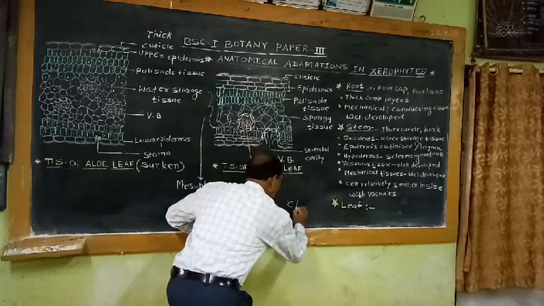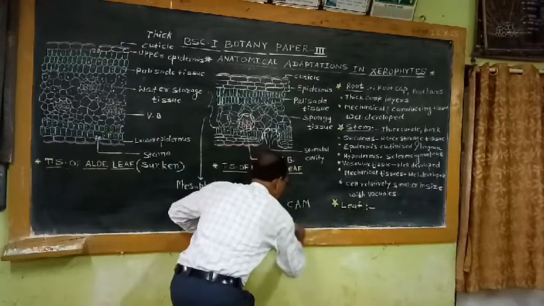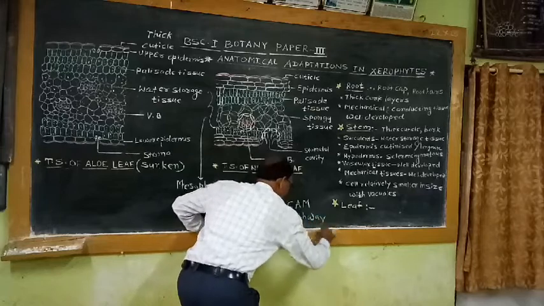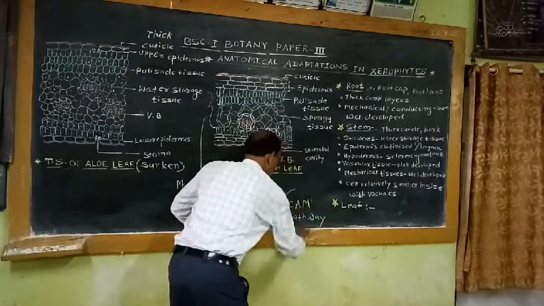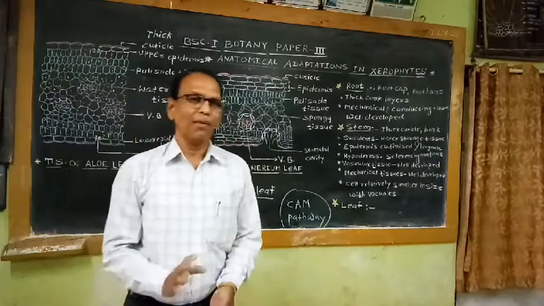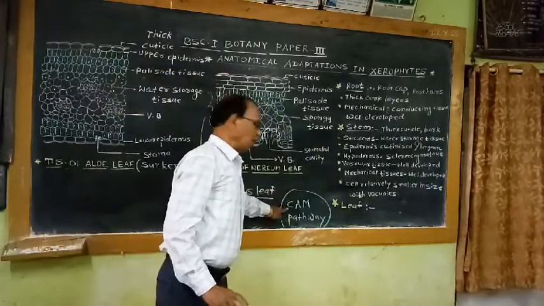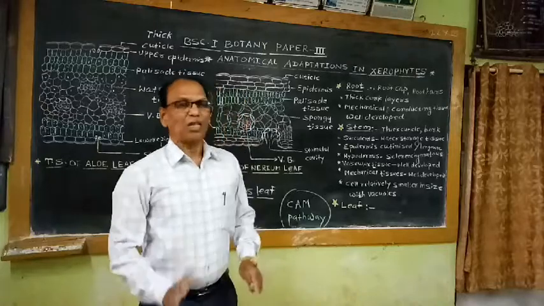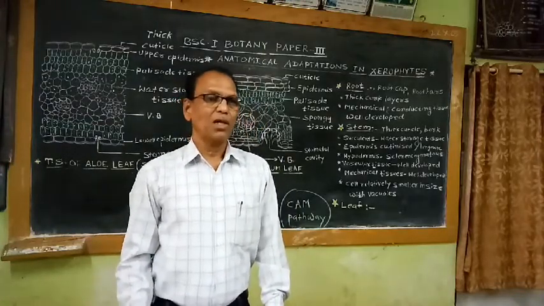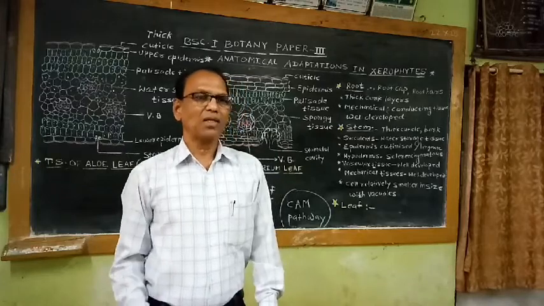The plants which show this CAM pathway of CO2 fixation. So you know very well what this CAM is. There are different pathways of carbon fixation or CO2 fixation shown by plants: C3 plants, C4 plants and CAM plants.